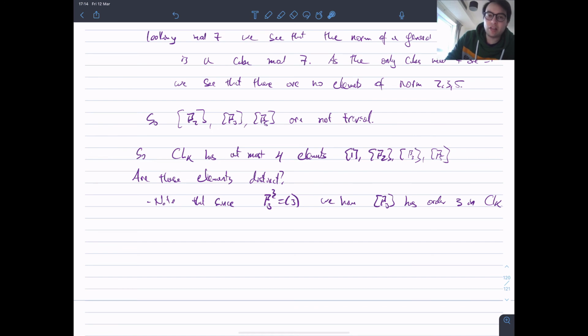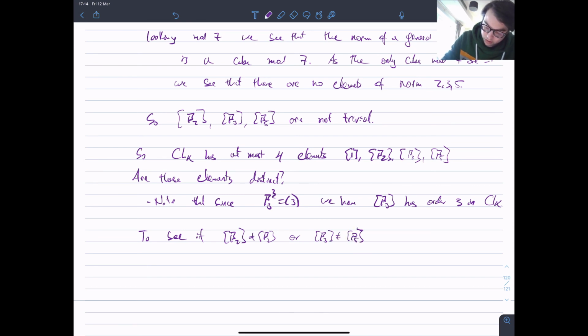You maybe want to look for elements of your ring which have norm like 6 or 15, to see if, for example, P2 is different from P3, or P3 is different from P5, and so on.